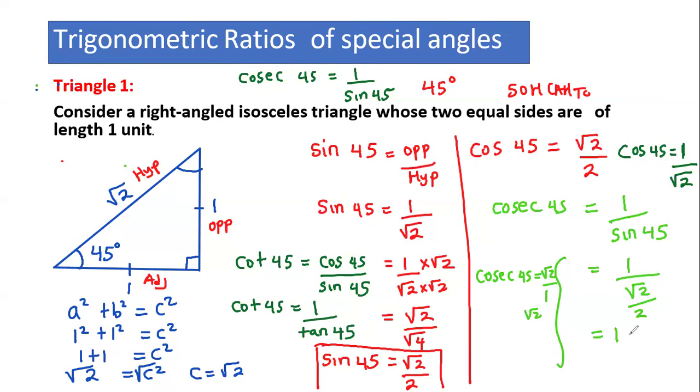Which is the same as 1 divided by root of 2 out of 2, which is the same as 1 times 2 out of root of 2. So 2 out of root of 2. Remember, you don't want to write a root in your denominator, so you rationalize. Root of 2 out of root of 2. So 2 times root of 2 will give you 2 root of 2. Root of 2 times root of 2 gives you root of 4, which is 2. So the 2 and the 2 cancel, and you remain with root of 2. Okay, thank you, sir.